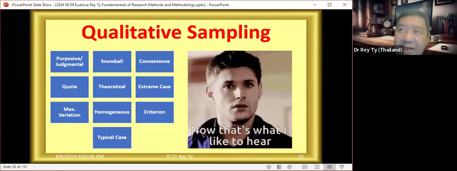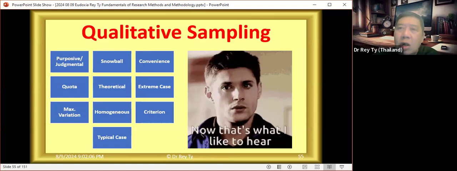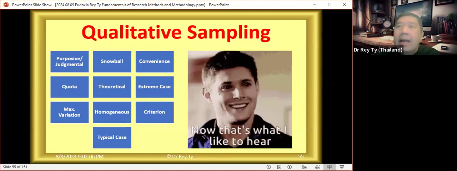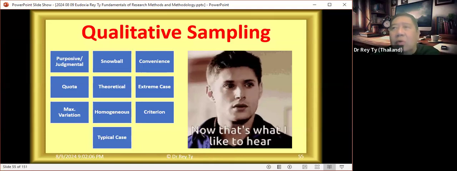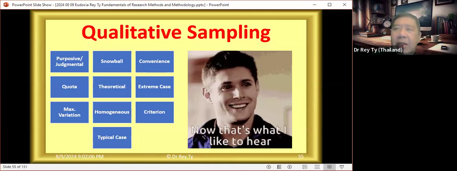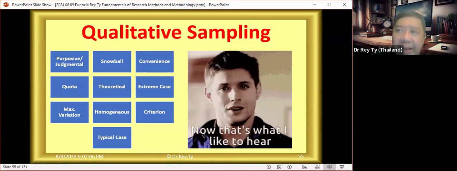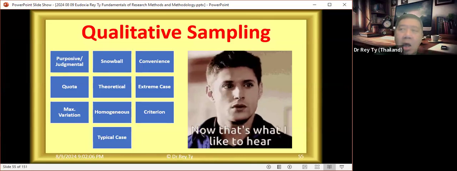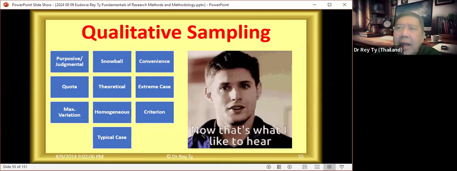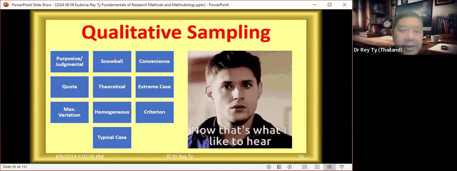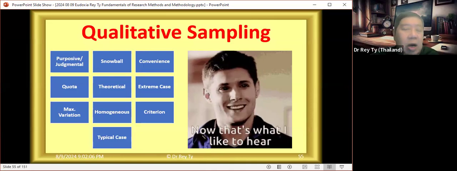Theoretical is you are trying to show right or wrong the theory. Like if people who are, let's say, over 100 kilograms, they must be overeating. And then you make criteria. Overeating means eating more than 3 meals a day and eating more than, for example, 3,000 calories a day. So there's a theory you are going by.